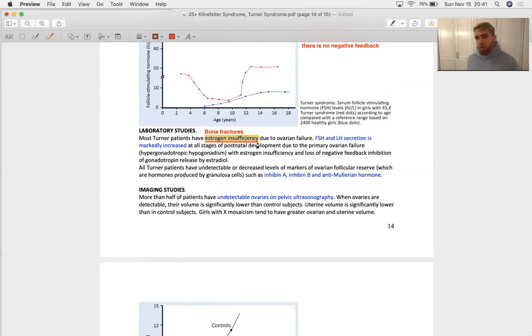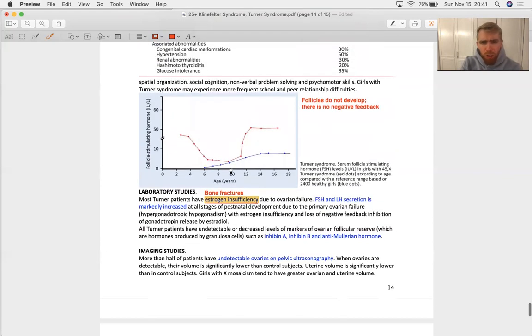So the hypogonadism part means that for men, there's low testosterone, and for women, there's low estrogen. So if you're a Turner patient, then you're going to have low estrogen. We know that estrogen protects bones because women get out of menopause and they start having these fractures left and right because they're losing the protective effect of estrogen. And so Turner patients are therefore at risk of osteoporosis.